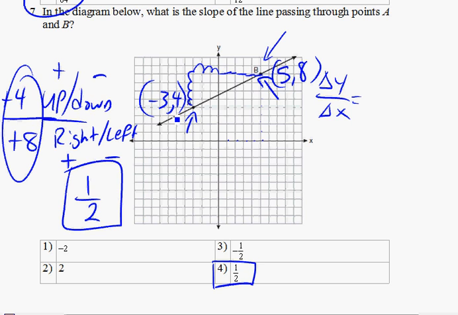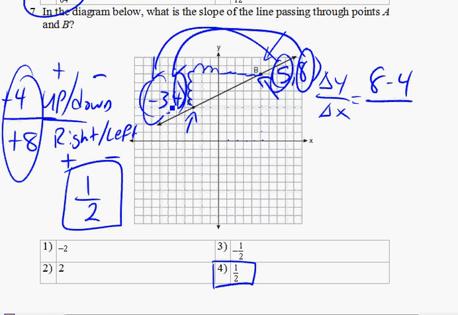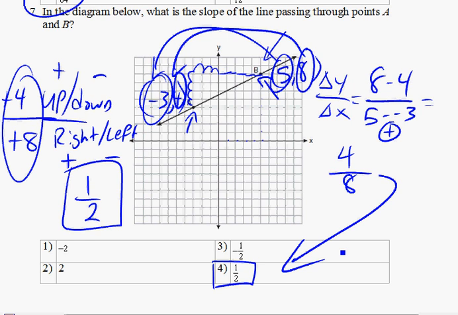Take these two coordinates, subtract the y values, so it's 8 minus 4, and subtract the x values, 5 minus negative 3. So 5 minus negative 3. And you get 4 over 8, because minus a negative becomes a plus, and you get the same answer.